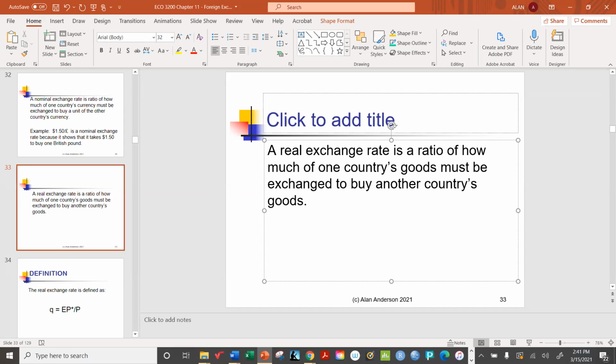And so that's the key difference between the two. So this is one of the reasons why it's called real, because it's in terms of actual goods and services, for that matter, as opposed to simply currencies.